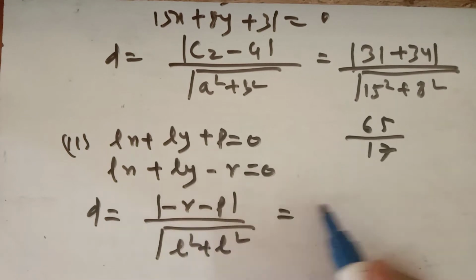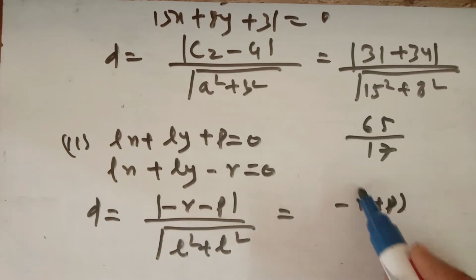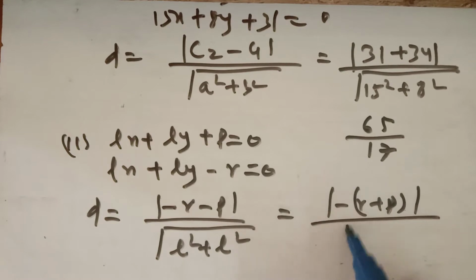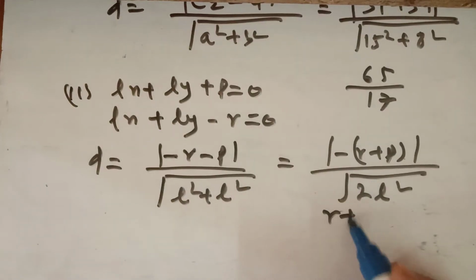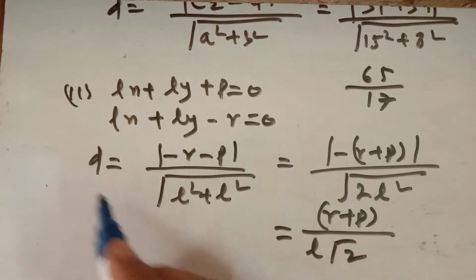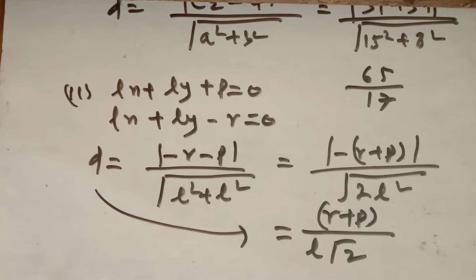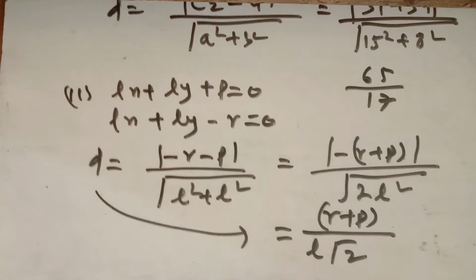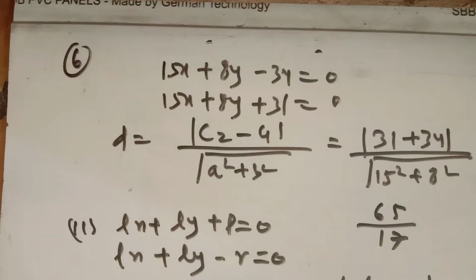When you take the minus common, it will be like this, the modulus upon the square root of 2l square. So it will be (r + p) upon l root 2, which is the distance between these two given parallel lines in question number 6. Okay, so this is question number 6.